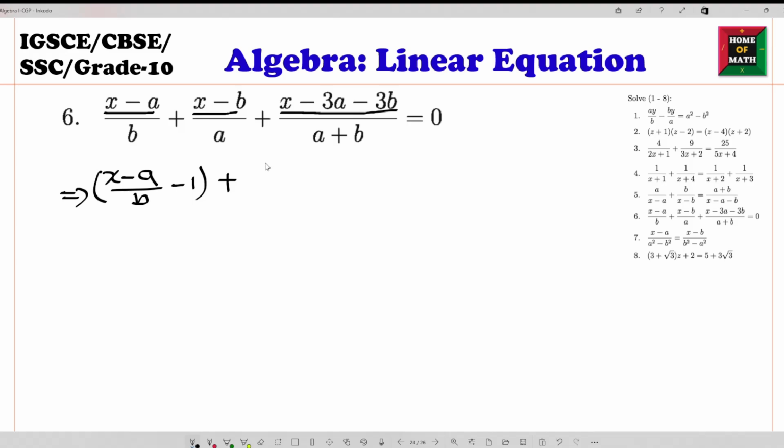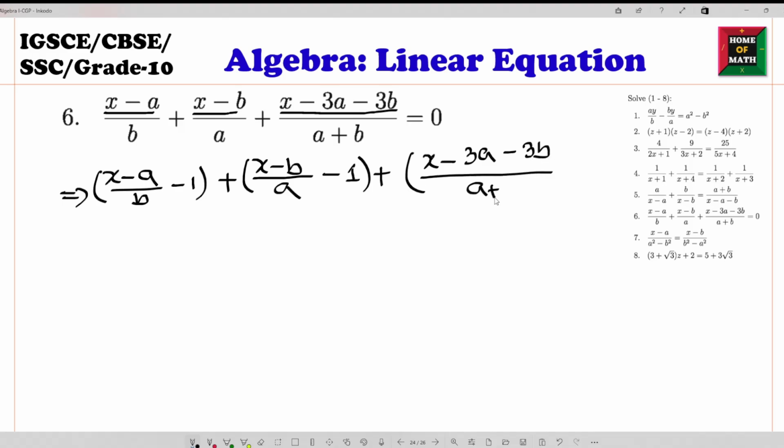Plus here is (x minus b) divided by a. Again we can make it minus 1. Okay, plus, and here (x minus 3a minus 3b) divided by (a plus b), but here we will write plus 2 equals 0.